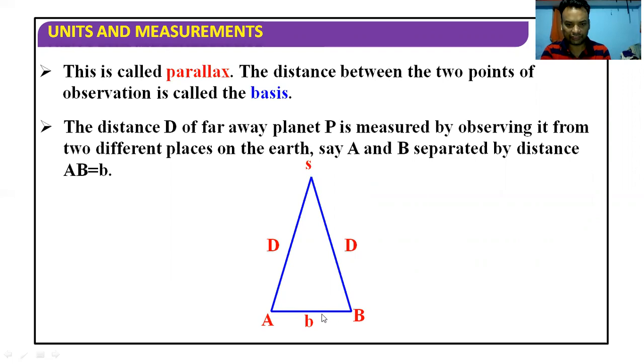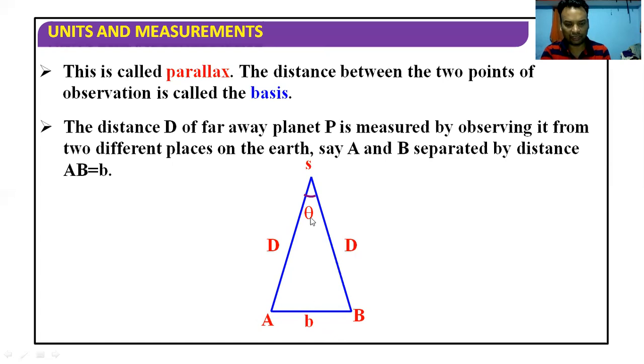The distance from A to B is taken as small b, and the distance of the Sun from point A as well as point B is taken as capital D. This is the angle theta which is subtended while moving from point A to B. In comparison to capital D, this distance AB, small b, is very, very small, so we can take this straight line like an arc.